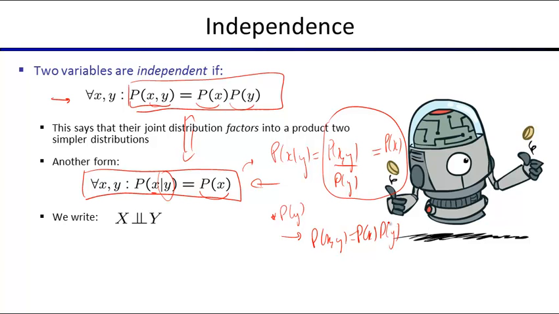So this little derivation shows that both ways of defining independence are equivalent. There is a third way of defining independence between X and Y. It would be to swap the roles of X and Y. It would be to say for all x, y, probability of y given x equals the probability of y. This is the shorthand notation for X independent of Y.